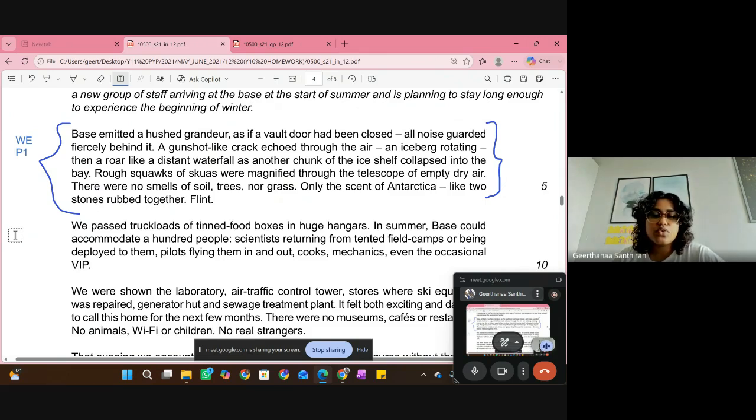Rough squawks of skuas were magnified through the telescope of empty dry air. There were no smells of soil, trees, nor grass, only the scent of Antarctica, like two stones rubbed together. Flint." What did I tell you? It's a very pretty paragraph. Very beautiful writing.